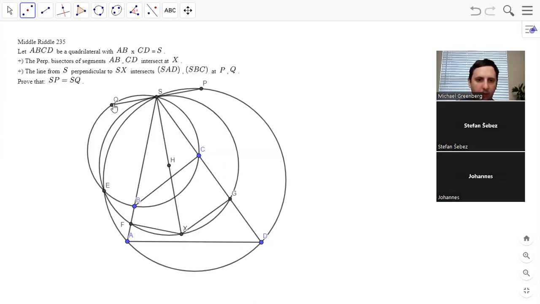So the ratio, basically, we want to show the power of Q with respect to this circle. Oh, I've solved the problem. Okay.